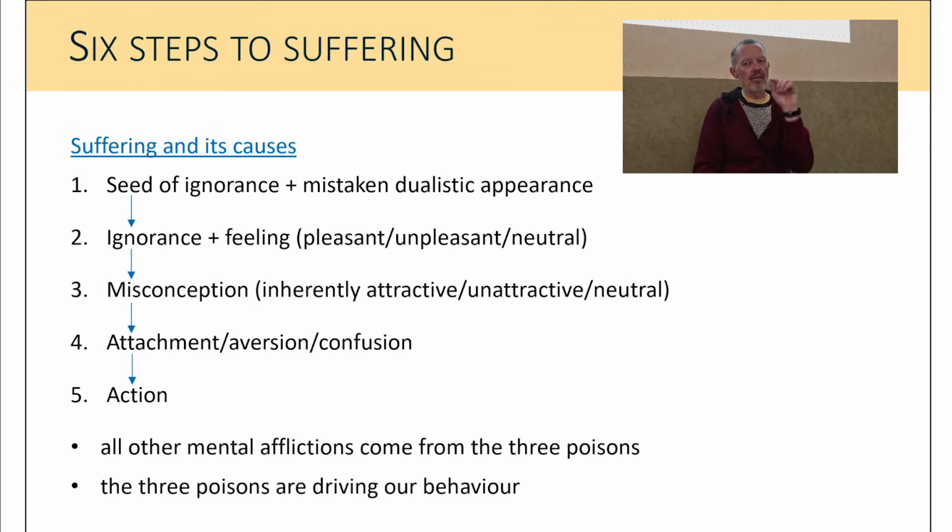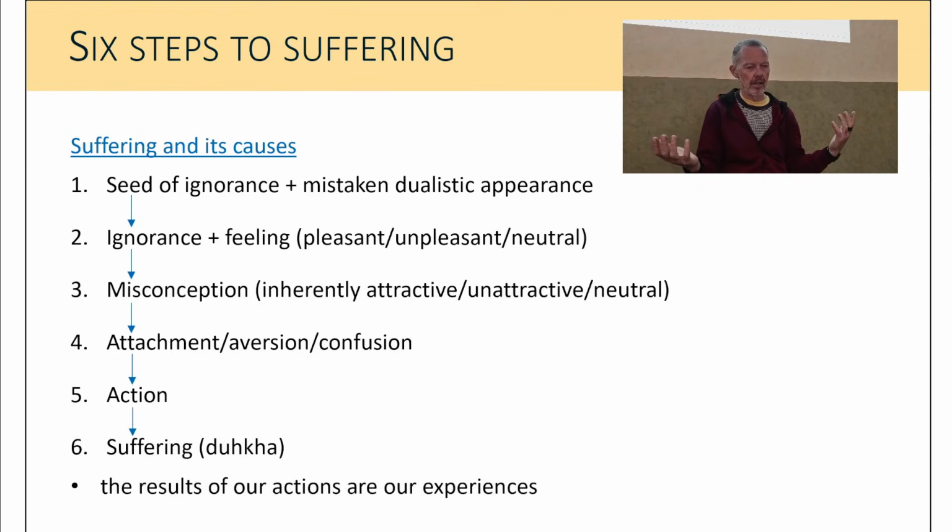And the results of our actions are our experiences. And our experiences collectively, the Buddha used the word suffering to refer to that, dukkha. So this is how, from a distorted view of reality, this leads to these two main of the three poisons, attachment, aversion, or anger.